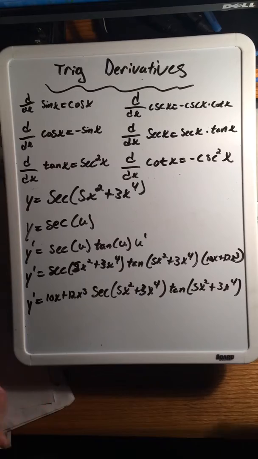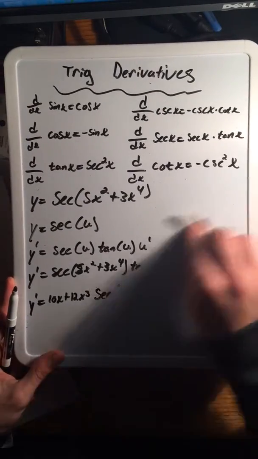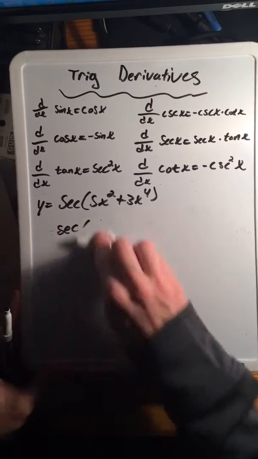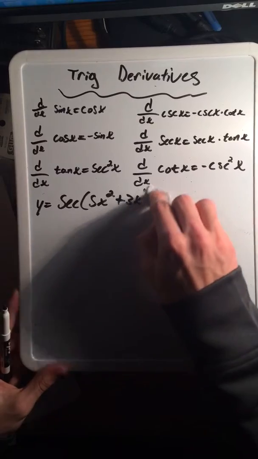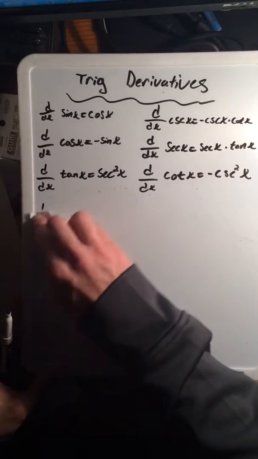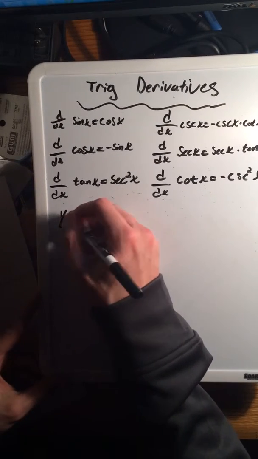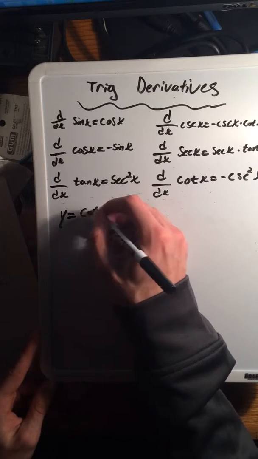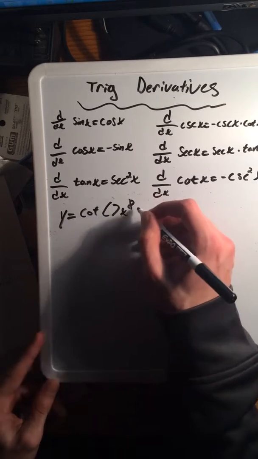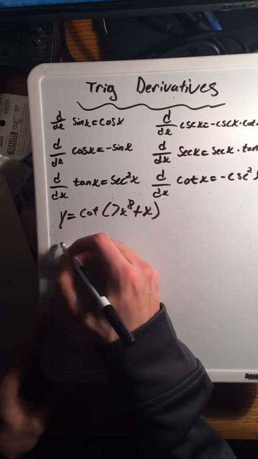One more. I'll show you one more for cotangent. So y equals cotangent of 7x to the 8th plus x. So I'm going to rewrite this with u.